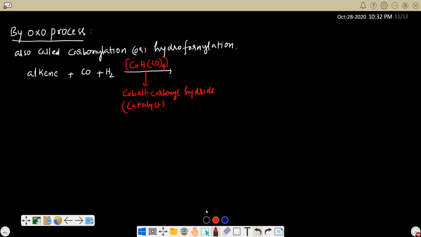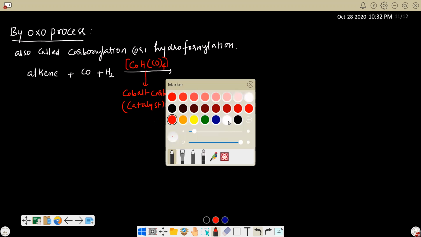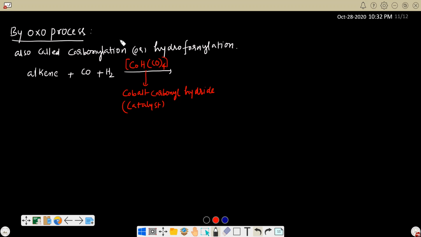Right. So simply the product obtained here is first aldehydes, CH3, CH2. Of course, I didn't give any structure, therefore simply write aldehydes.